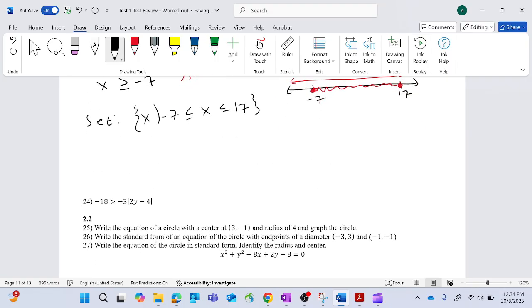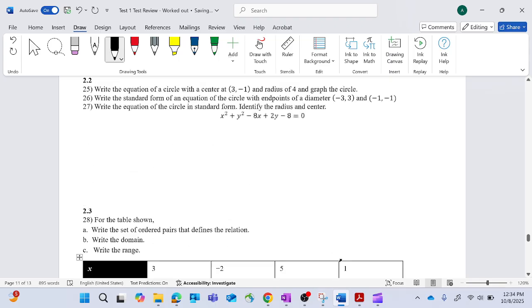A little more room. Interval will be negative 7. Sorry, that should be a bracket. Negative 7 to 17. They both get brackets because they're both equal to negative 7 and 17.